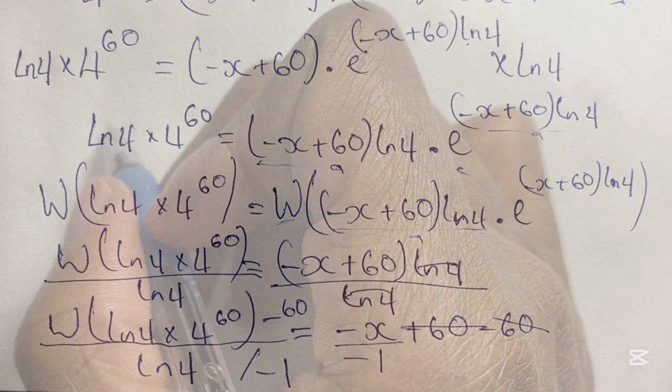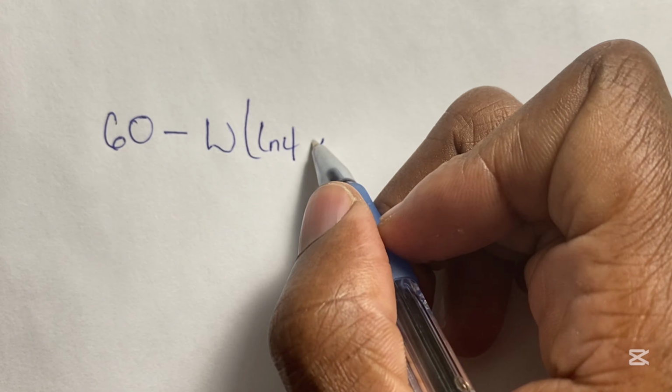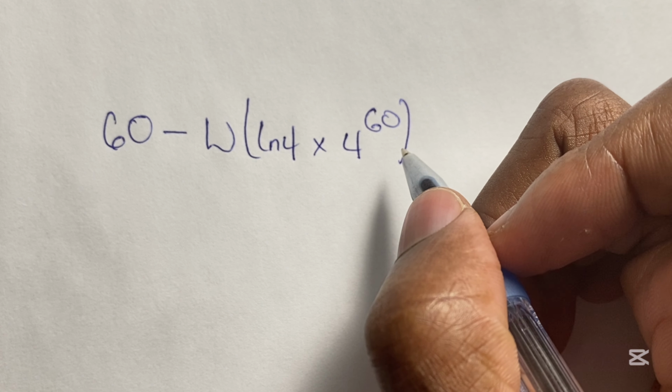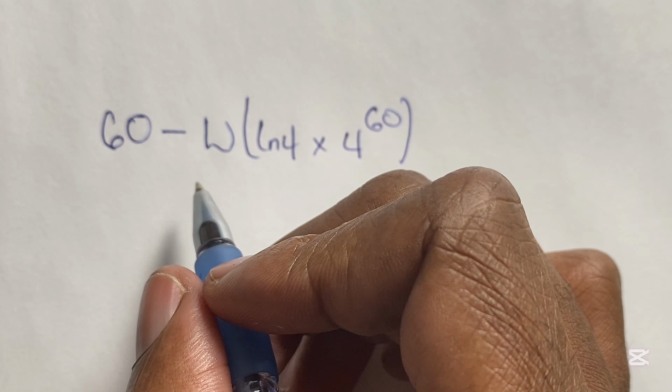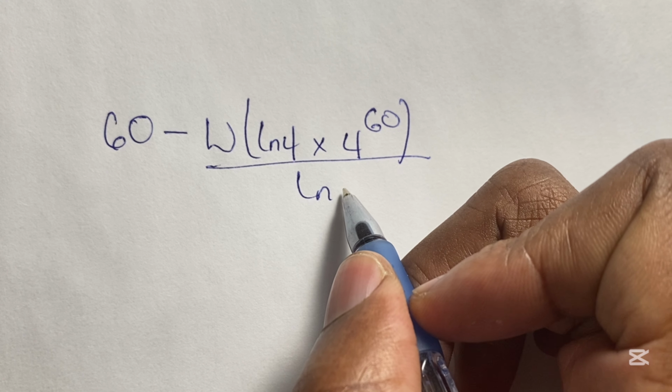So let's just rewrite this and see what we actually have. So what we have is 60 minus the value of W of ln 4 times 4 to the power of 60 over ln 4, and this all equals the value of x.